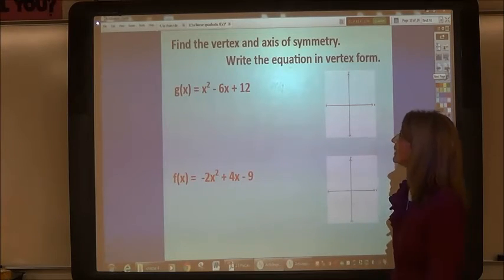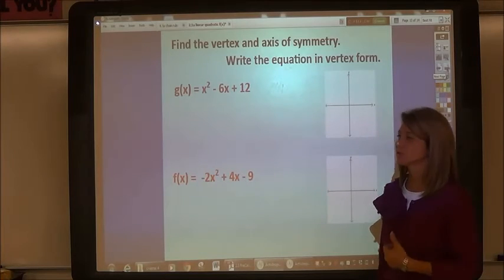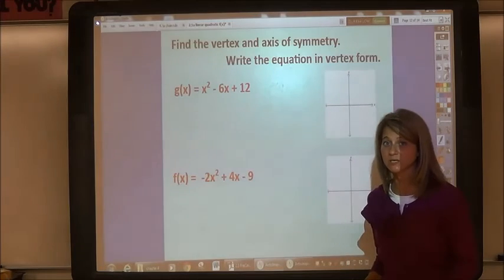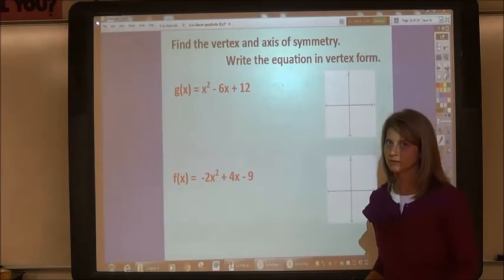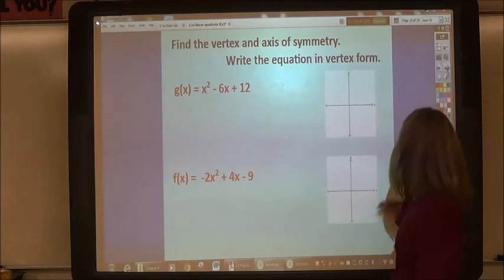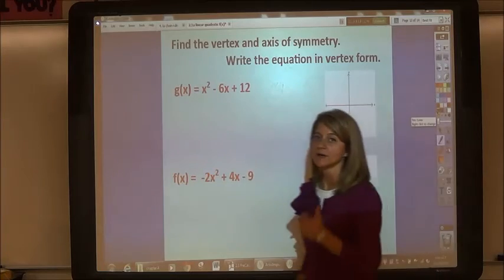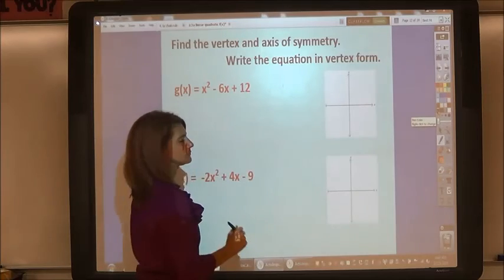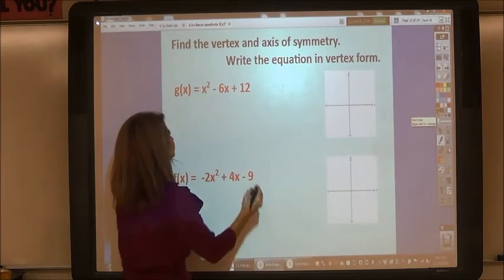So here we go. We're going to find the vertex, we're going to find the axis of symmetry, and then we're going to rewrite this in vertex form. Don't freak out. Let's go find what we know first. First we're going to find our vertex and our axis of symmetry. Negative b over 2a, right?